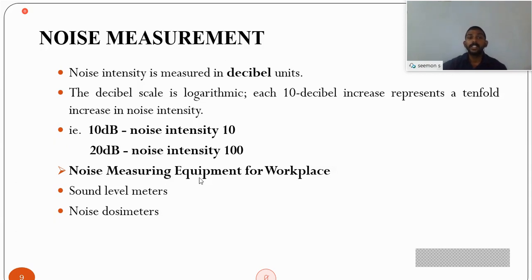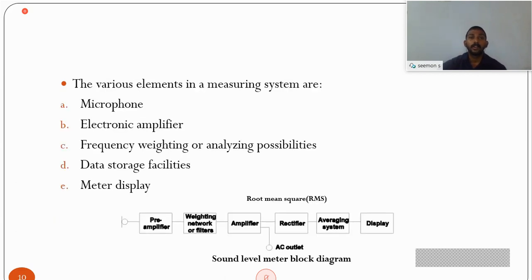The noise can be measured mainly by two instruments: sound level meters and noise dosimeters. Now let's see the working principle of the sound level meter. It consists of a microphone, electronic amplifier, a frequency weighting or analyzing facility, data storage facility, and meter display.